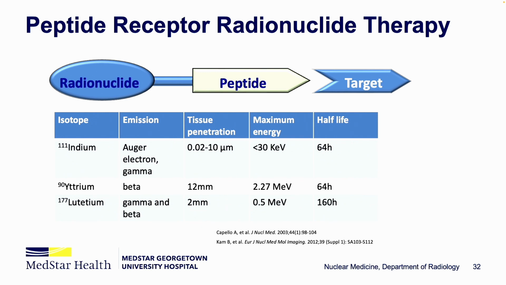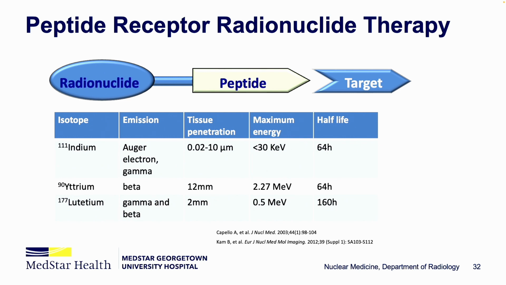Historically, the first treatments probably were done with indium-111, and then in Europe, there have been a number of studies where we also use yttrium-90, and of course we come now to what is approved, what's the most popular, most used currently of the radiation types that we use for treatment with radionuclide therapy, which is lutetium-177.